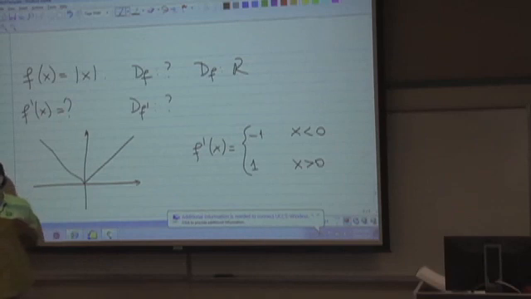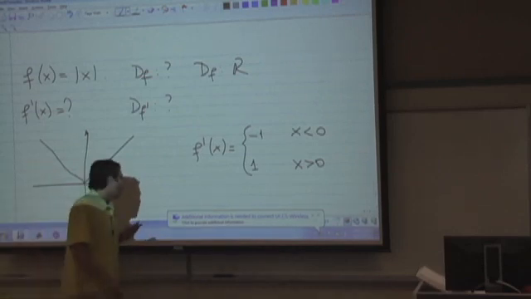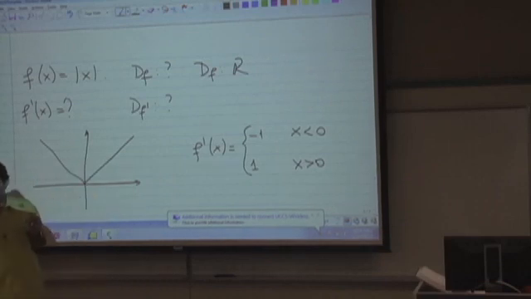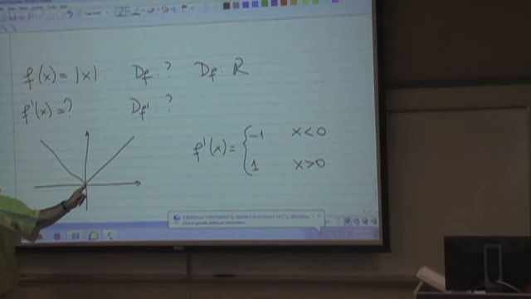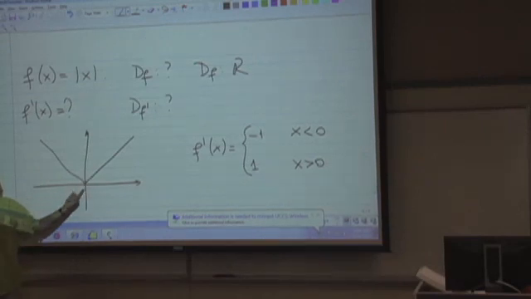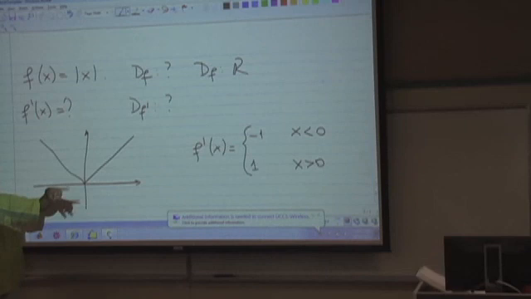What can we say about 0? That's where the derivative doesn't exist. Why doesn't it exist? Well, think about coming from the left to 0, your slope is -1, right? Coming from the right, your slope is 1. They're not going to have the same slope at 0. This is called a cusp, and we're going to talk about this in a couple of minutes.